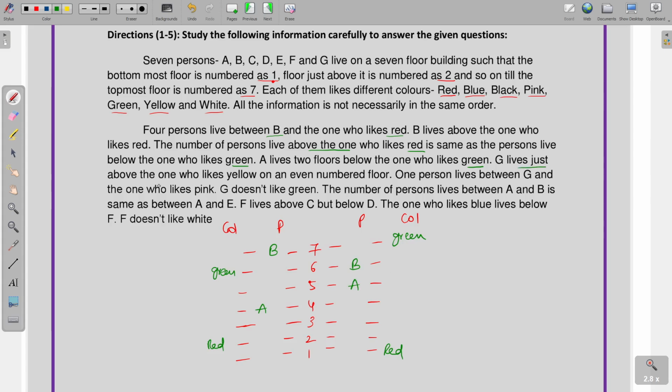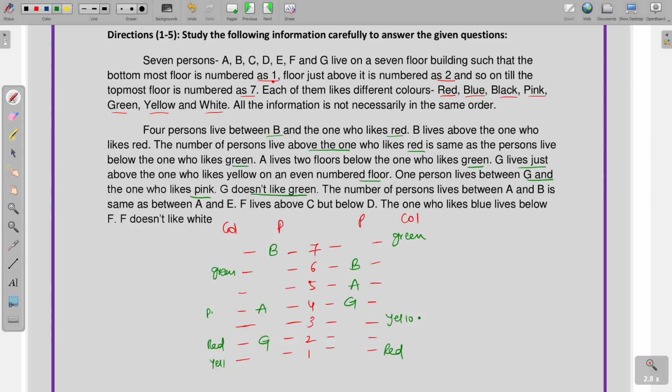G lives just above the one who likes yellow, on an even numbered floor. So if I place G here, yellow is coming here, and here is one more possibility, yellow placed here. G doesn't like green, so G is not placed here. One person lives between G and the one who likes pink.